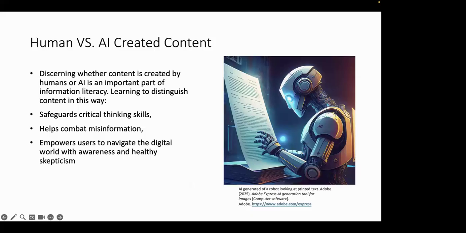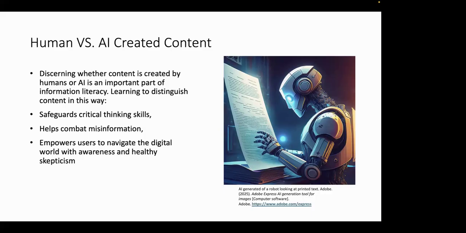We're discerning whether content is created by humans or AI, and this is important because it's part of information literacy. We're in a digital age where it's becoming increasingly difficult, with certain AI-generated materials, to tell if they're real or not.